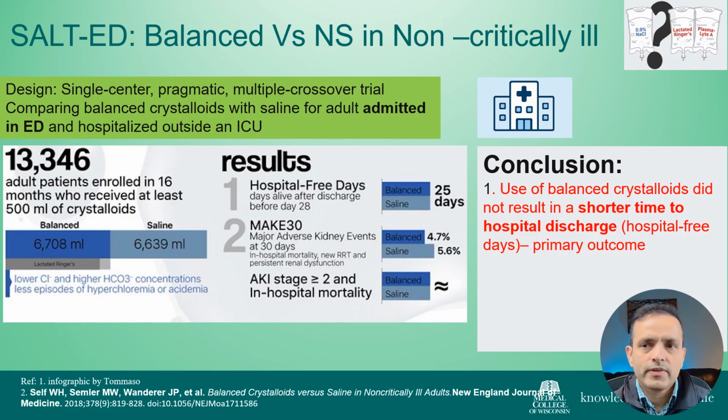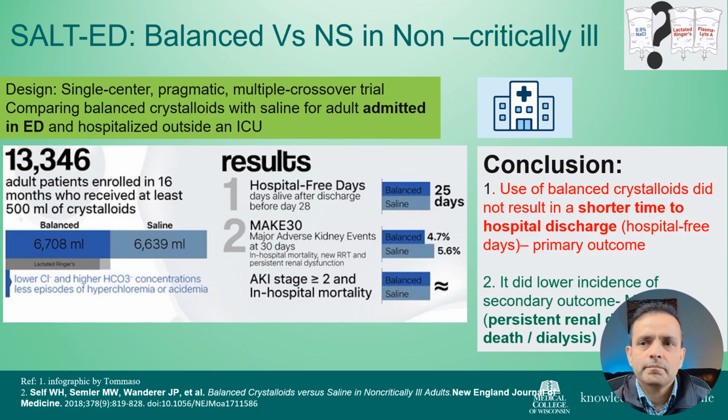So there was no difference. But in terms of MAKE30, it did lower the incidence of secondary outcomes, such as persistent renal dysfunction, death, or dialysis. So like the SMART trial, it showed a decreased incidence of acute kidney injury.